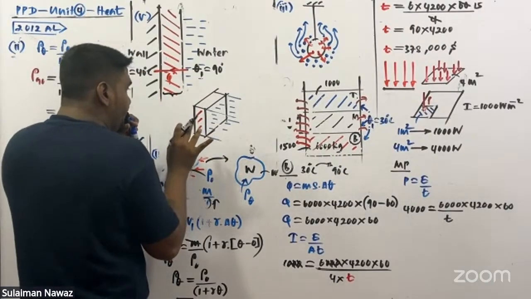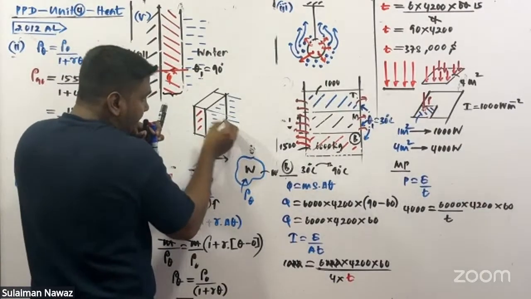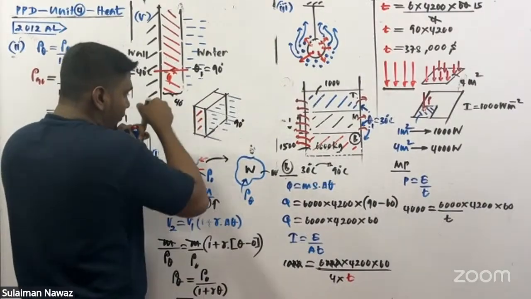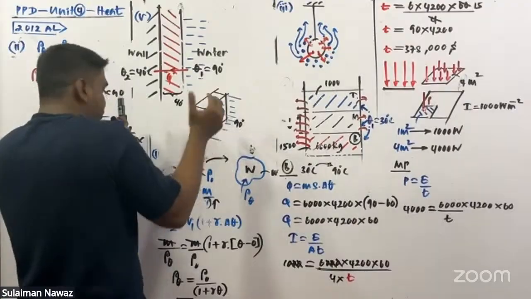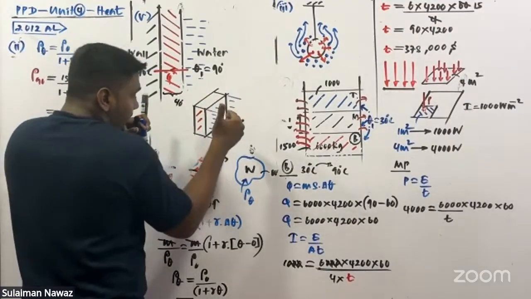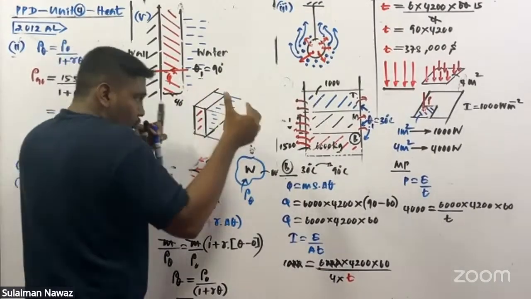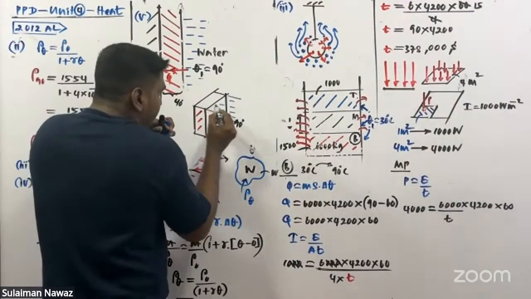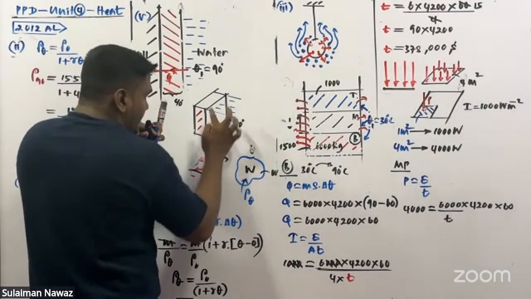Now we know the water temperature is 90, wall temperature is 40. Then heat dissipates from the water to the wall through the styrofoam layer. When you consider 1 meter squared, just think this area of the styrofoam layer is this area.